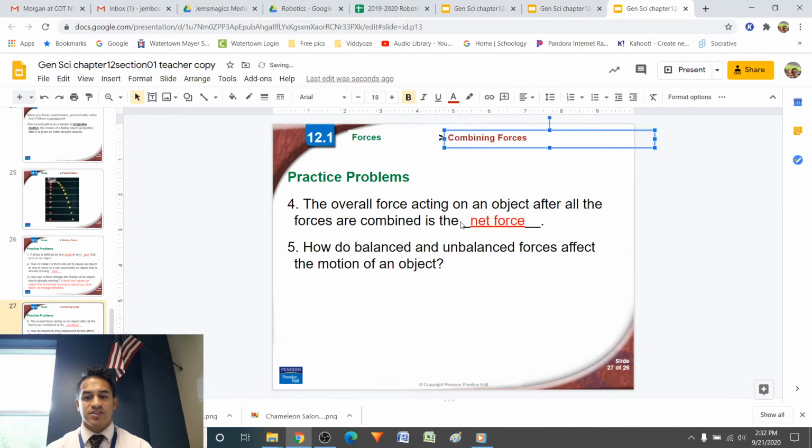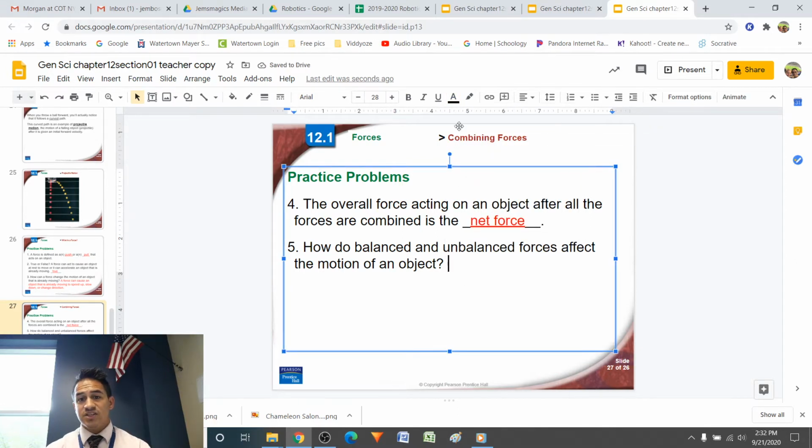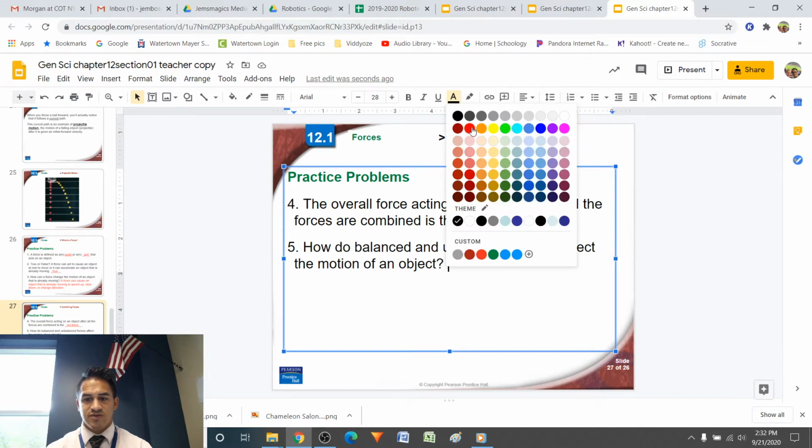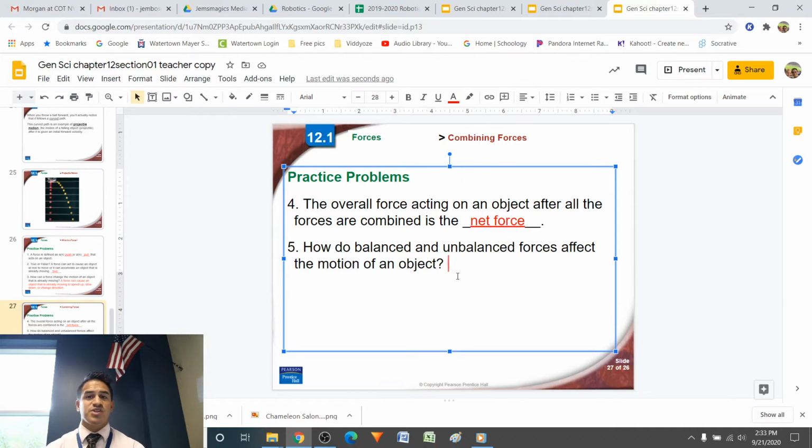Number 5, how do balanced and unbalanced forces affect the motion of an object? So remember that, again, this is from the section, but balanced forces don't cause any change in motion. Balanced forces do not cause a change in motion. So if you have balanced forces on an object, whatever the object was doing, it will just continue to keep doing that. Whether it was sitting still, or if it was in motion, it will just keep on doing exactly what it was doing. Unbalanced forces, however, will affect the motion of an object by changing its motion, either, again, causing it to slow down, speed up, or change direction.